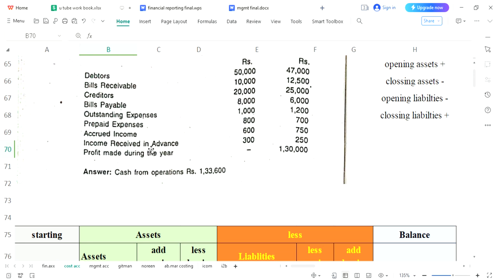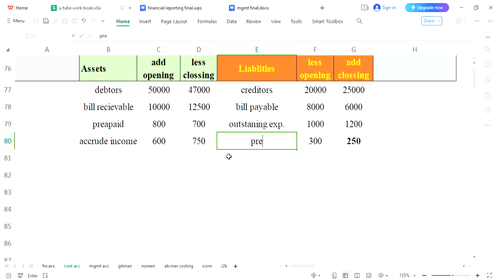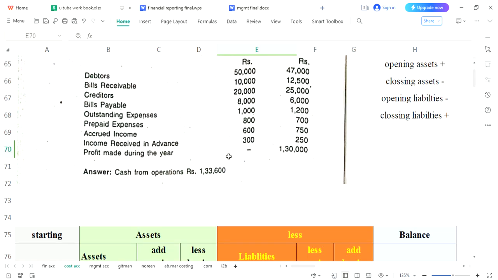Pre-received income is your liability, 300 and 250. Okay, and everything is completed.